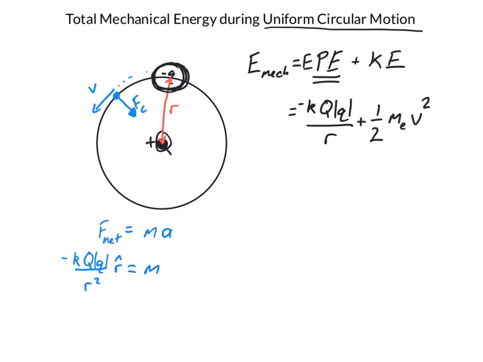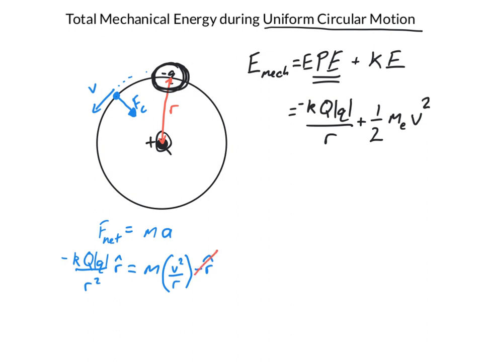Mass times the acceleration. This is also a centripetal acceleration situation, which means that there's an inwards acceleration. That is v squared over R in the negative R direction. Let's simplify all this.